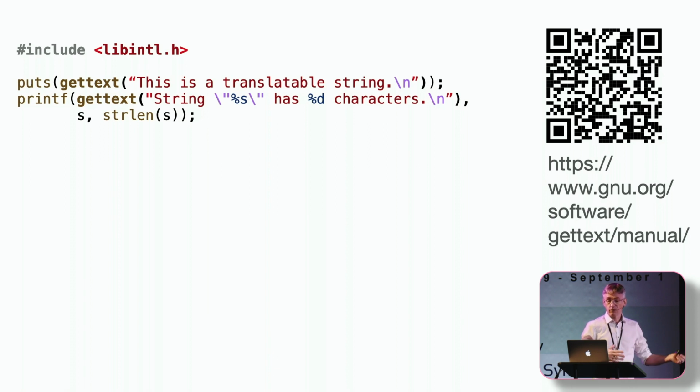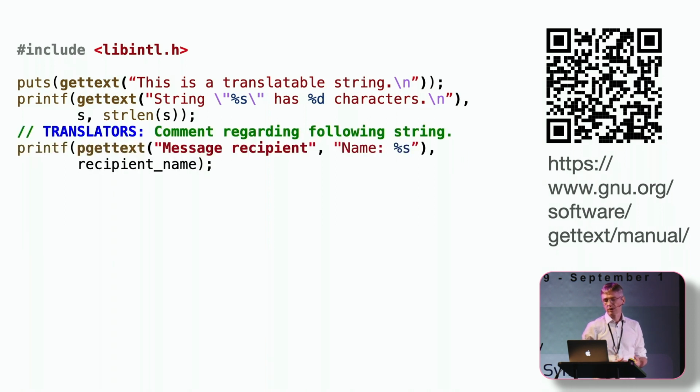And if the lookup fails or no table has been loaded, the original English text is used, and multiple identical strings are translated only once. Comments can be used to translators, passed to translators by special syntax, like with Qt, and these apply to the marked string that immediately follows the comment.